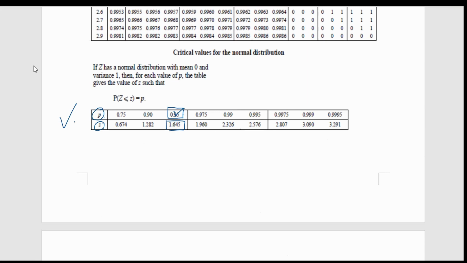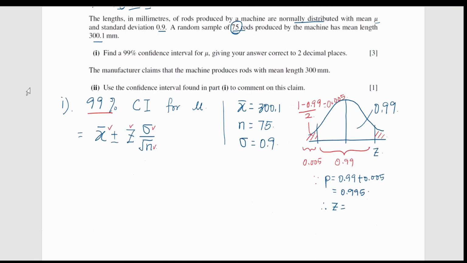So even though we are looking at a 99% confidence interval, the probability that we are going to use is 0.995, as I showed in the bell-shaped curve just now. Hence, the corresponding z-score is going to be 2.576. So with all these values found, we can substitute in and calculate the confidence interval.